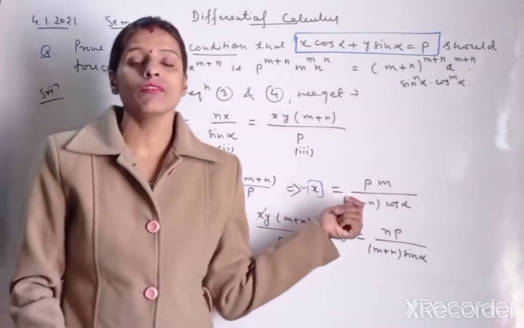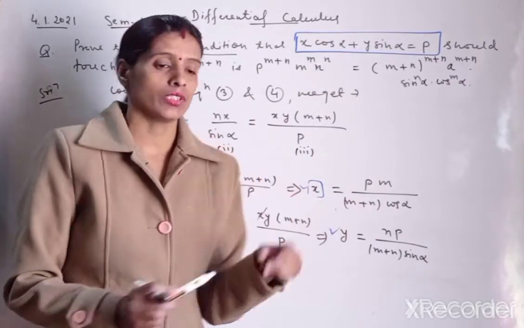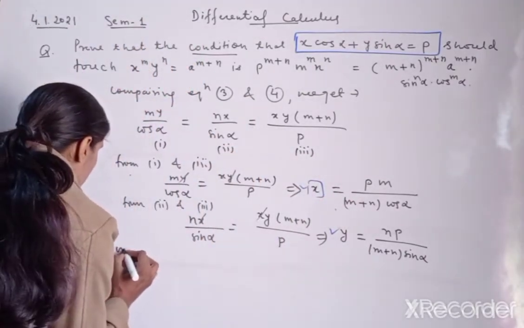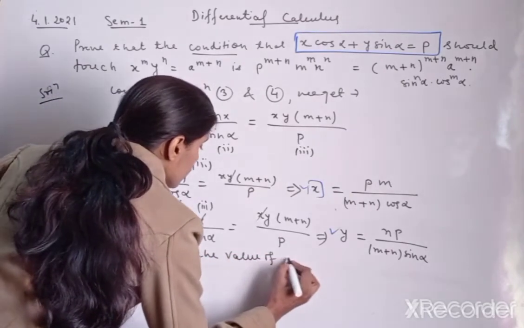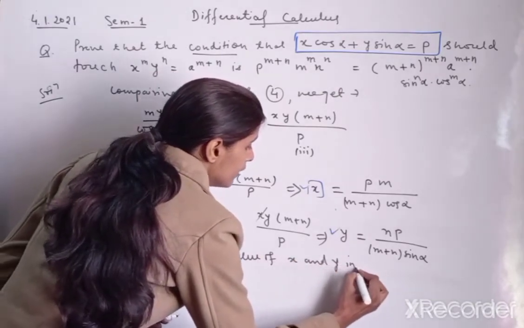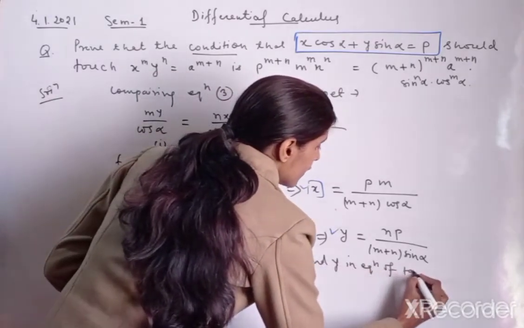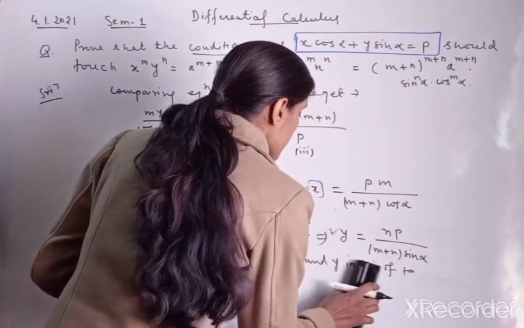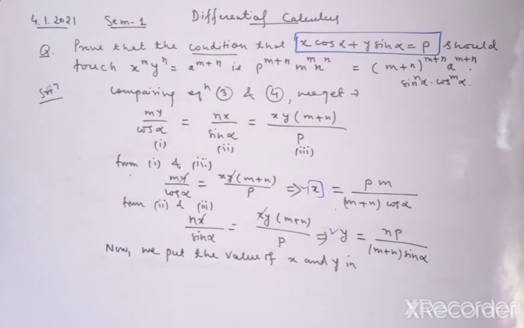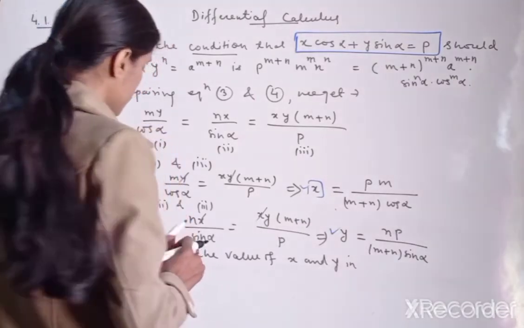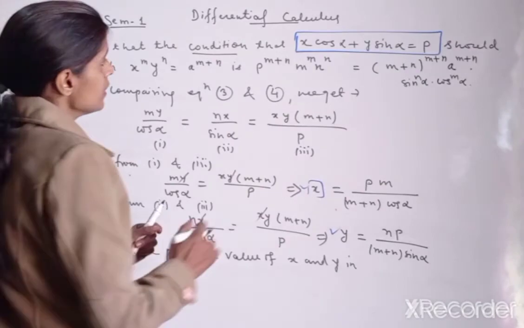So now we will put this value of x and y in the equation. Actually, we don't have to put the value of x and y in the equation of tangent, since we have to find this value.